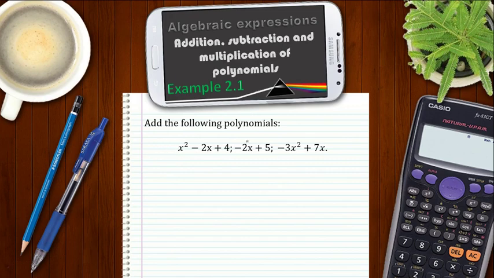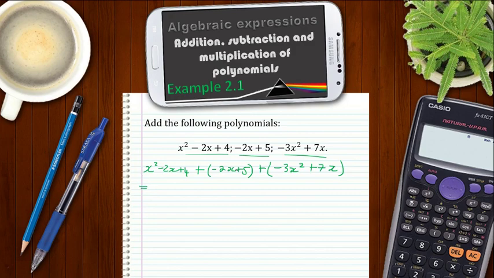All right, so for adding the polynomials, we have to add this to this and this. So I just simply say, okay, x squared minus 2x plus 4, plus this one, minus 2x plus 5, plus this, minus 3x squared plus 7x. Okay, so those are my expressions that I'm adding.